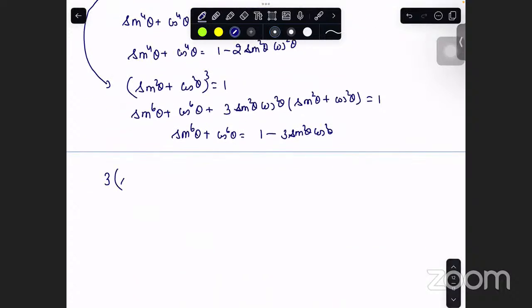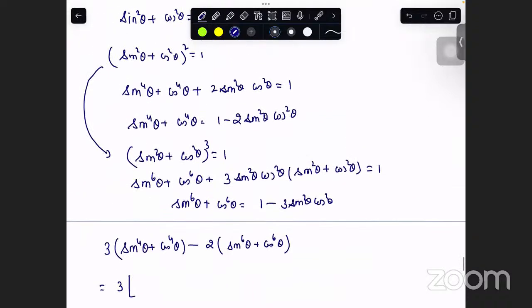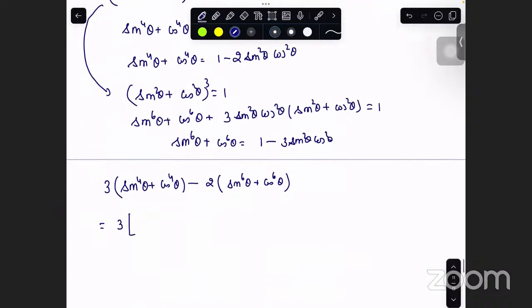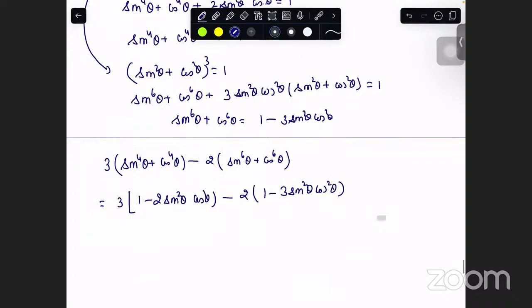All right. So now put these values into this equation. That is 3 times sine to the power 4 theta plus cos to the power 4 theta minus 2 times sine to the power 6 theta plus cos to the power 6 theta. So it is 3 times 1 minus 2 sine square theta cos square theta minus 2 times 1 minus 3 sine square theta cos square theta.